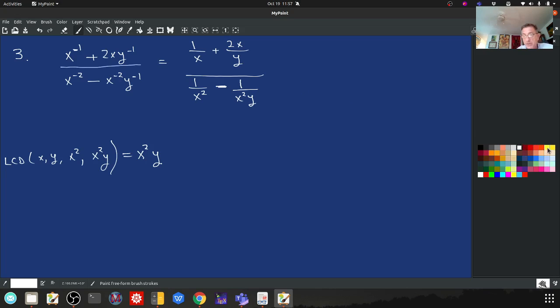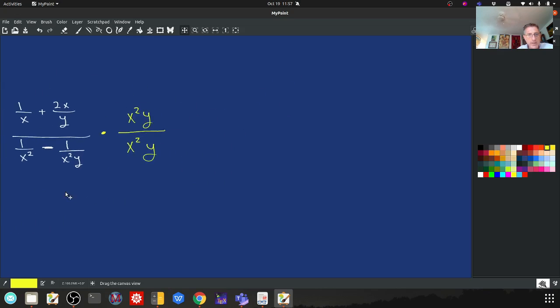So that's what we're going to do. I found the LCD, and it's x squared y, so I'm going to multiply this top and bottom by x squared y. So let's come down here and do that.